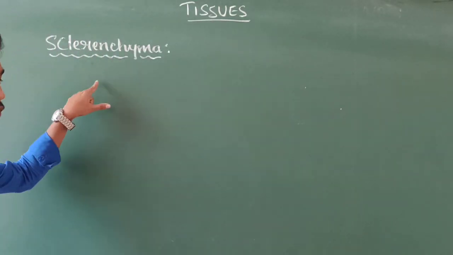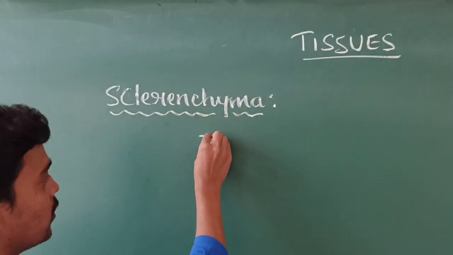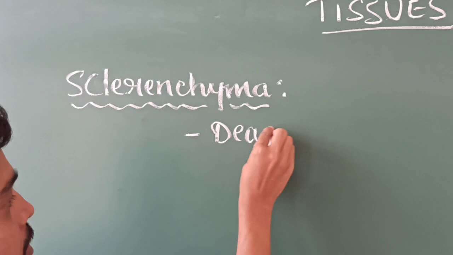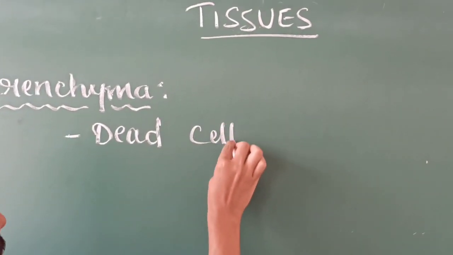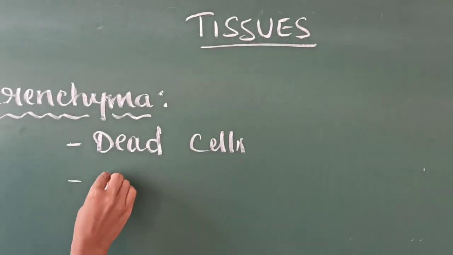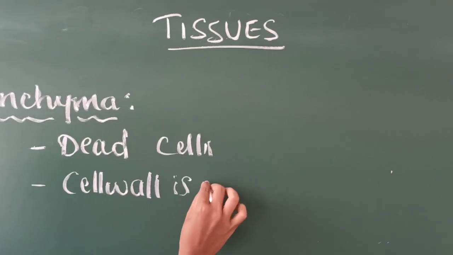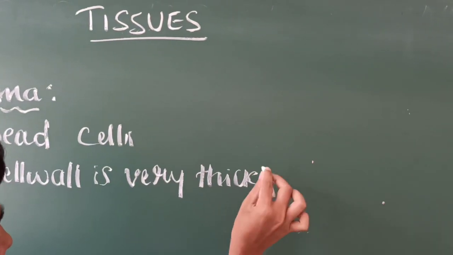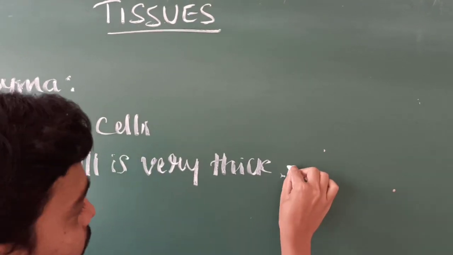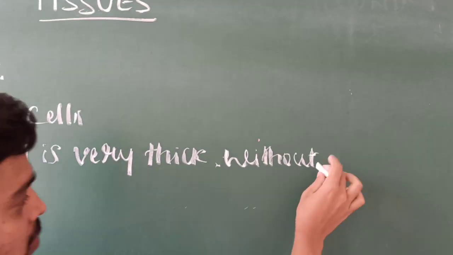And the next one is sclerenchyma. Here sclerenchyma is dead in nature. Sclerenchyma tissue has dead cells, and the cell wall is very thick, without intercellular spaces.